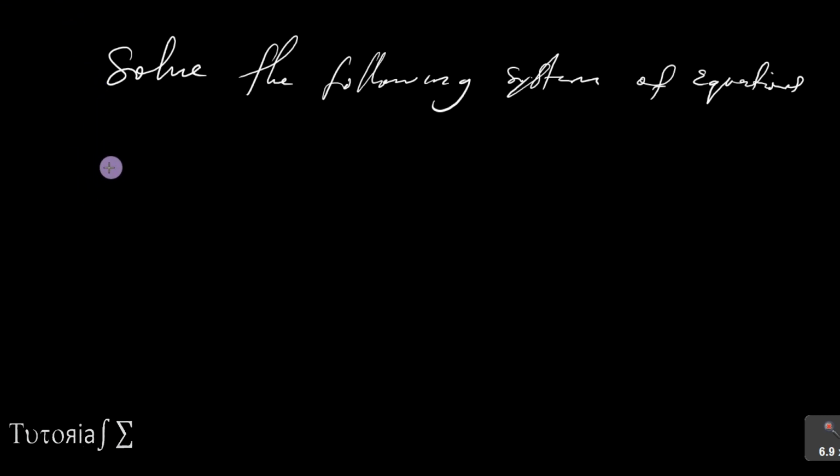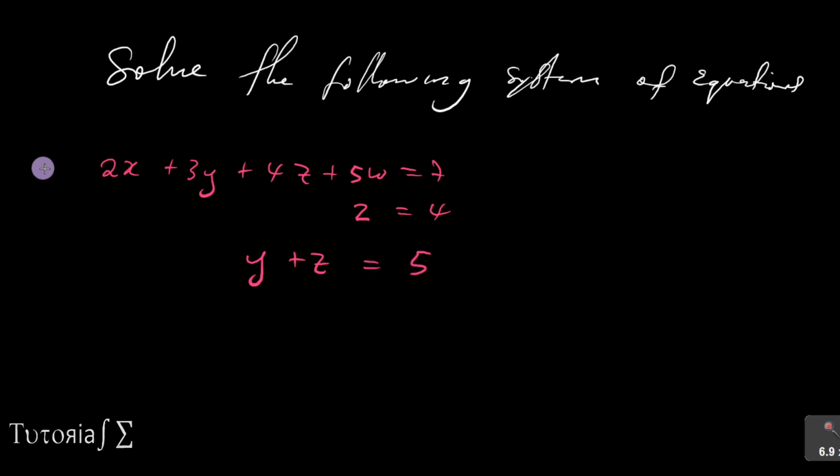Suppose you have 2x plus 3y plus 4z plus 5w equals 7. Then z is equal to 4. Then y plus z is equal to 5. Okay, that is the first one. The second one, we have 2x plus 3y. I'm just giving simple ones.